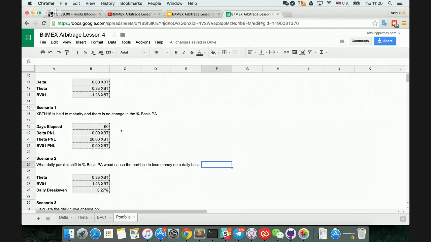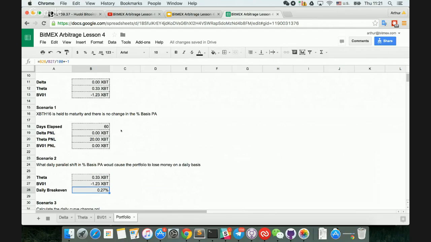What is the break even? I.e., if rates were to rise, what daily rise in rates would cause you to break even on a daily basis? So we're making 0.33 Bitcoin each day that elapses, and you have this negative BVO1.